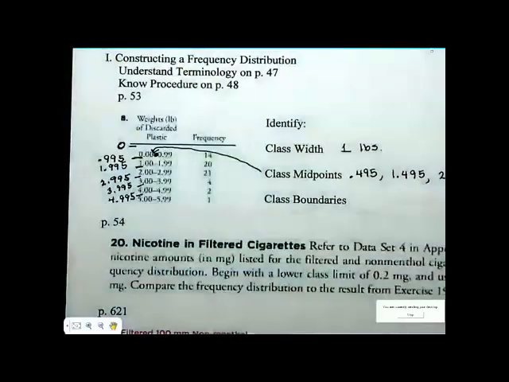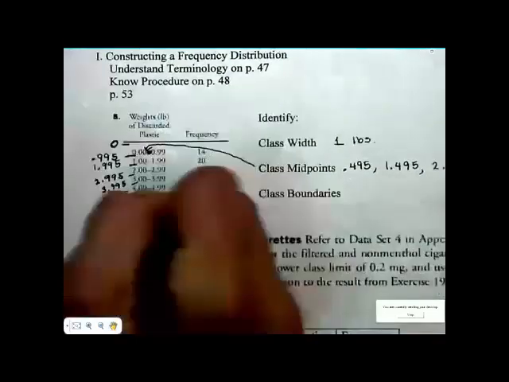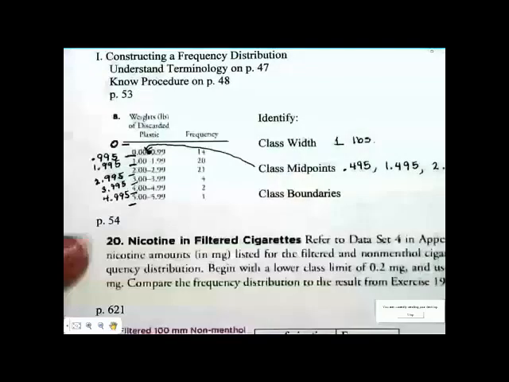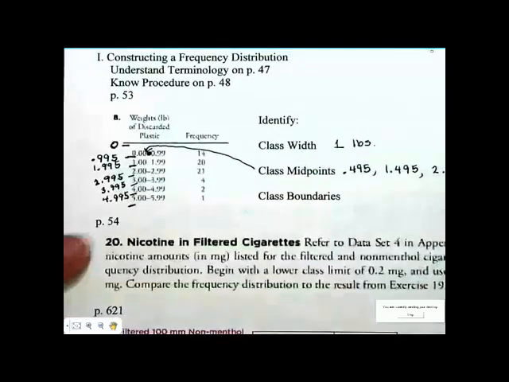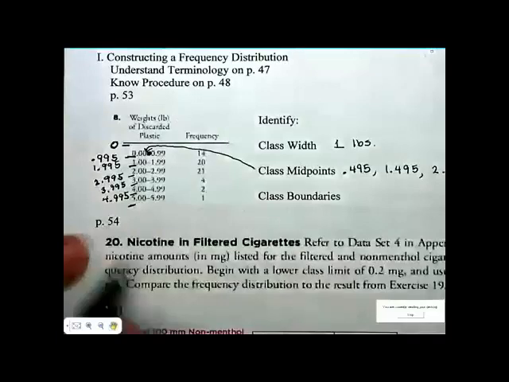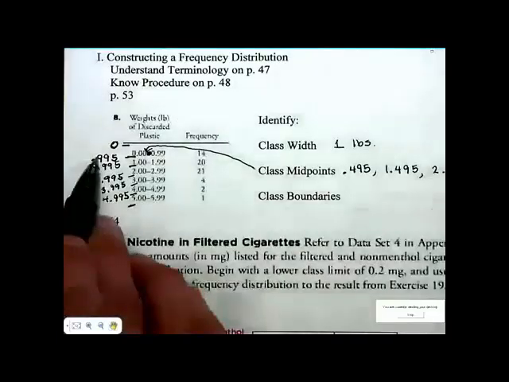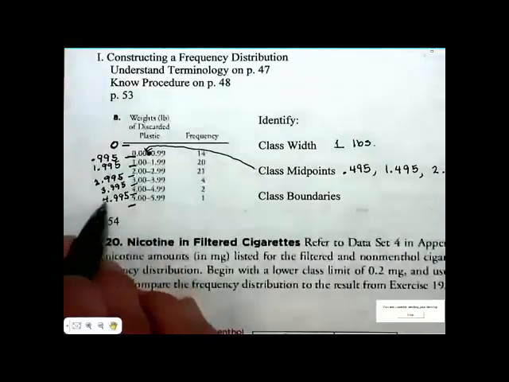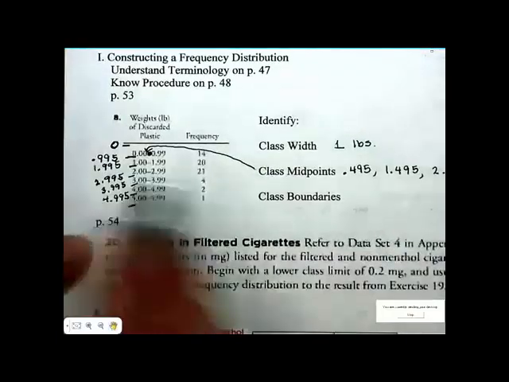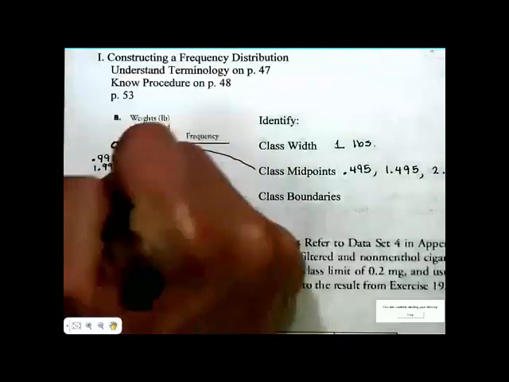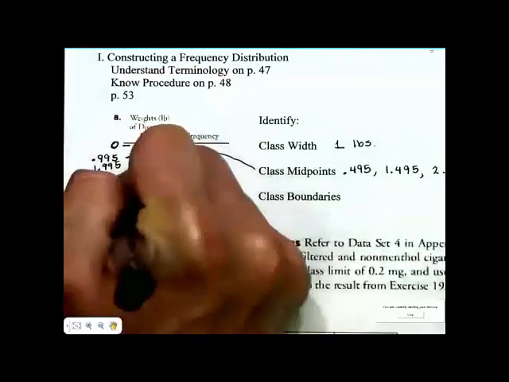If this were temperature, I could go back to a negative. And what should this right class boundary be? Well, the distance between the class boundaries need to be the same. So if the last one we had was 4.995, the one on the right would be 5.995.